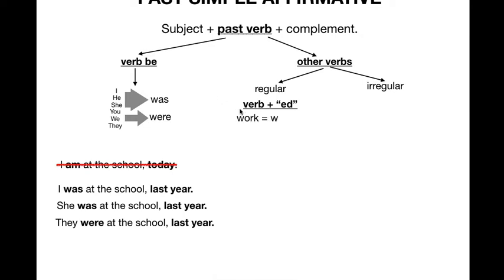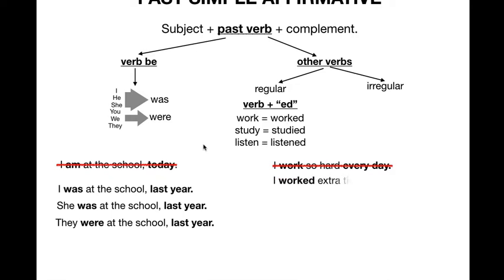For example, work with ed is in past, study with ed, studied, is in past, and listen, and we have a lot more. For example, I work so hard every day. This is in present. We don't need the present this time, so we have to say I worked. Remember the pronunciation. I worked extra time yesterday. And here we are saying that this thing happened in the past.